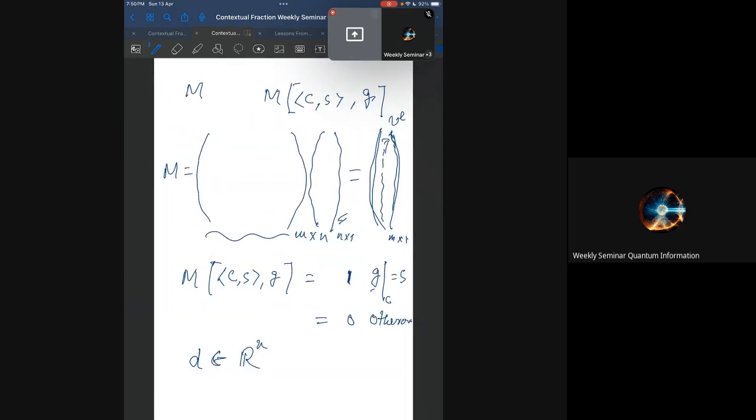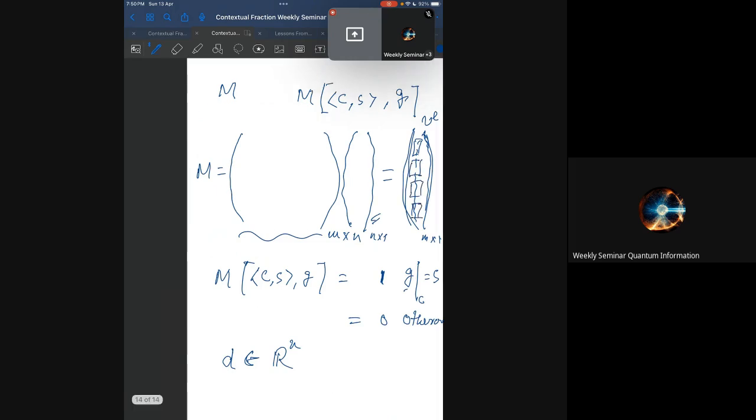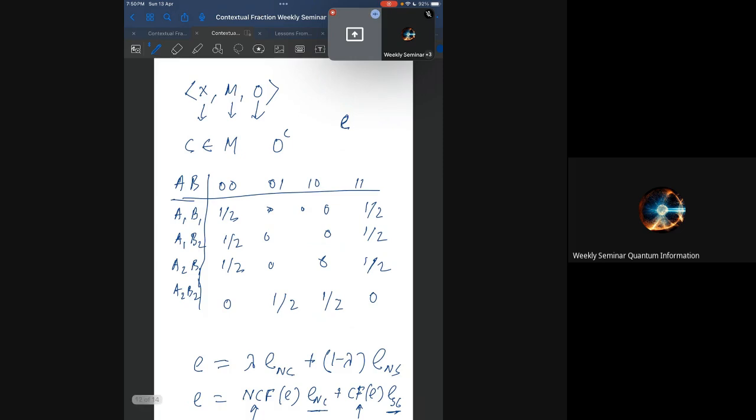So 4 will be from the first row of this table, then this 4 elements, and this 4 elements, and this 4 elements.